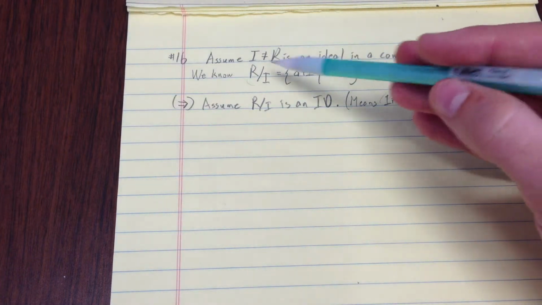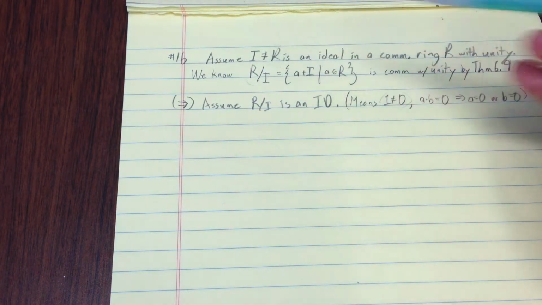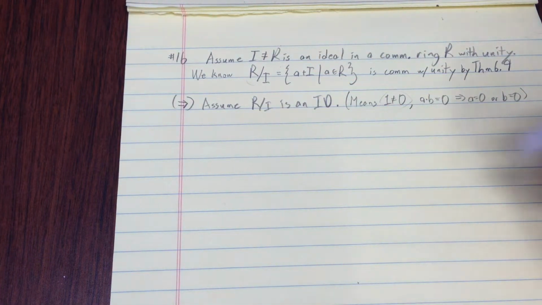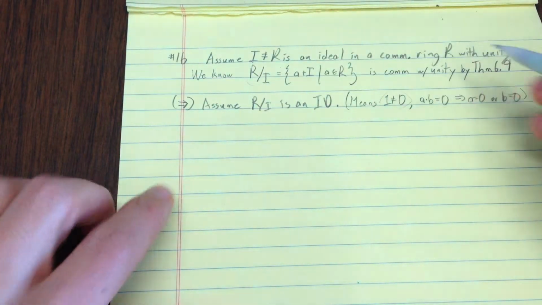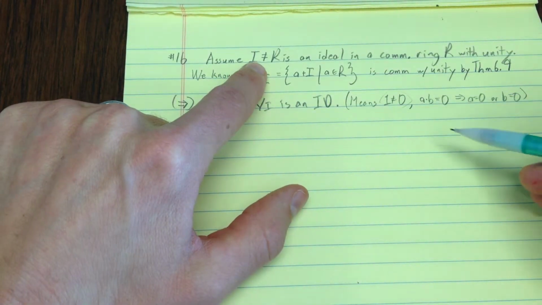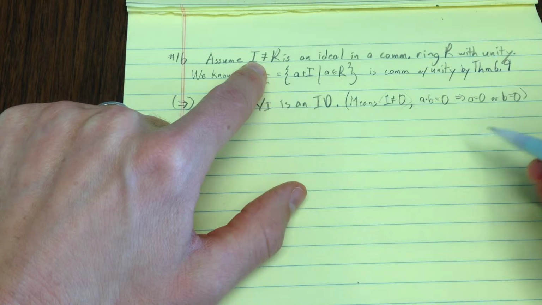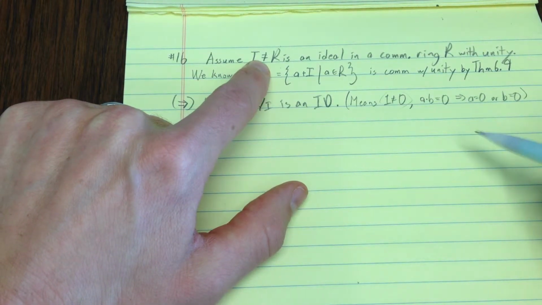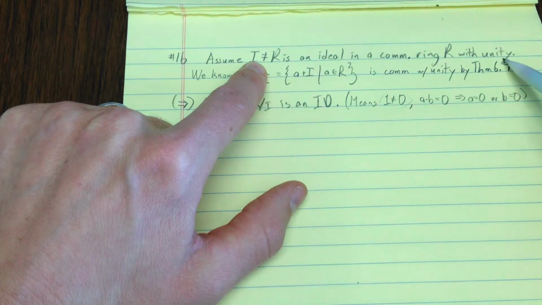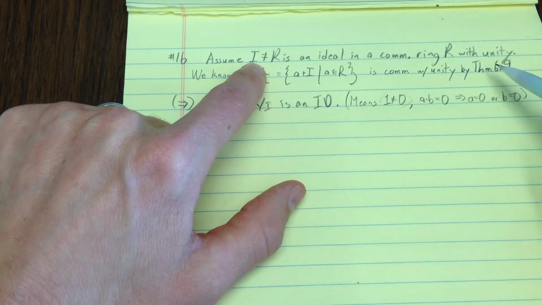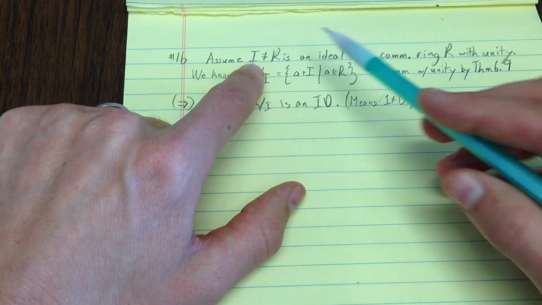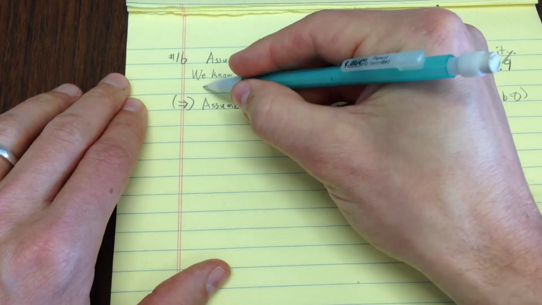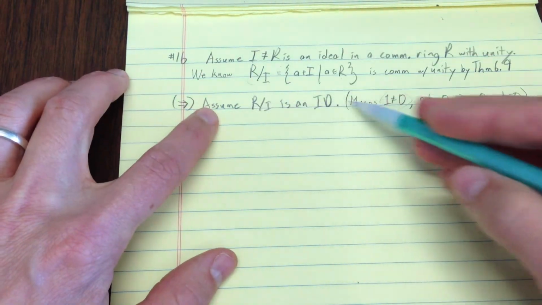First off, what does it mean that I is not equal to R? Well, if I is not equal to R, then I doesn't contain the unity element. Think about that. This is independent of this assumption.